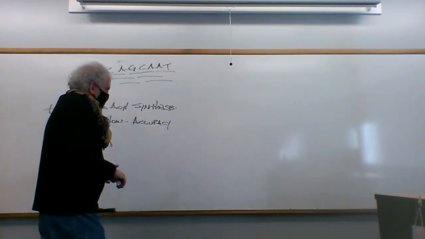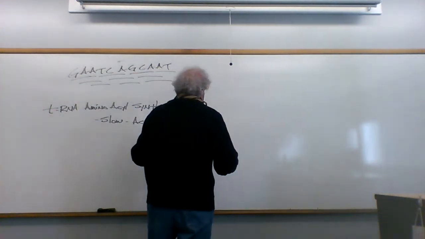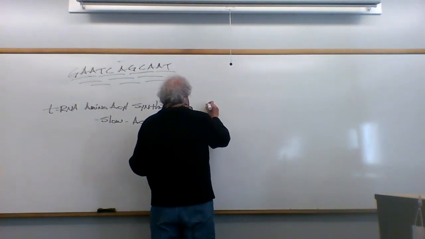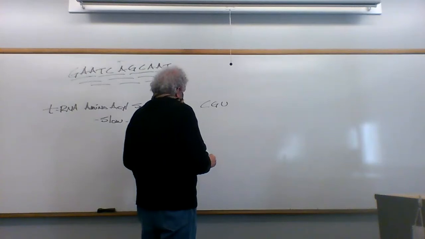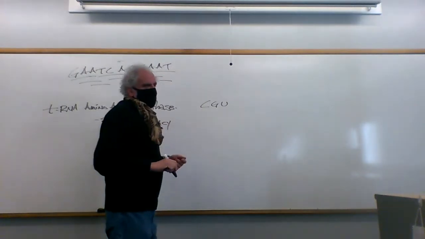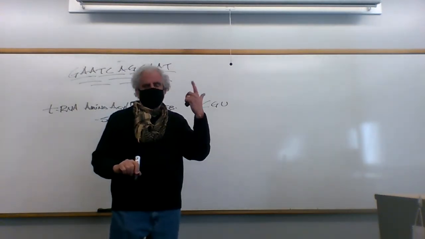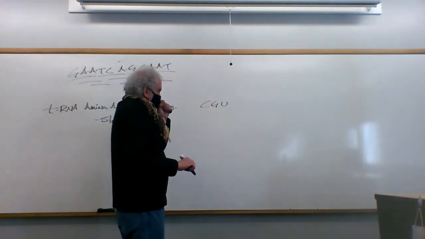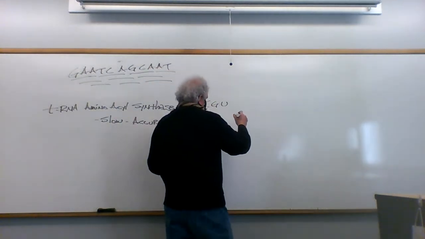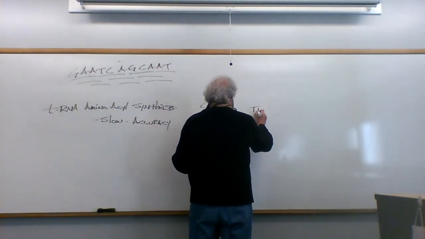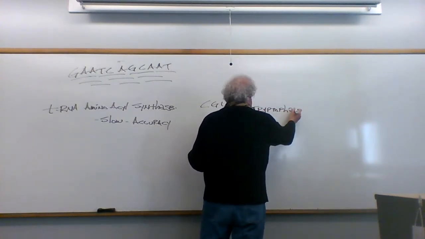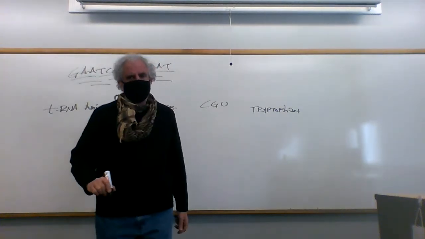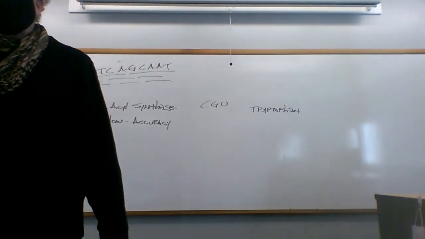One of the standard things when we start looking at this is very often, just as an example, CGU, and I'm not sure what this codon codes for, but I'm just throwing this one out as an example. Let's just say that it codes for the amino acid tryptophan. And again, I probably should be looking at the book rather than pulling this out of my ear, but whatever.